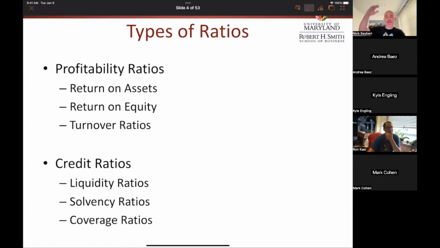We're going to go through these in this order during this session. So profitability ratios are looking at, surprise, profitability, and credit ratios are looking more at the debt riskiness side of things. Okay. Any questions so far?